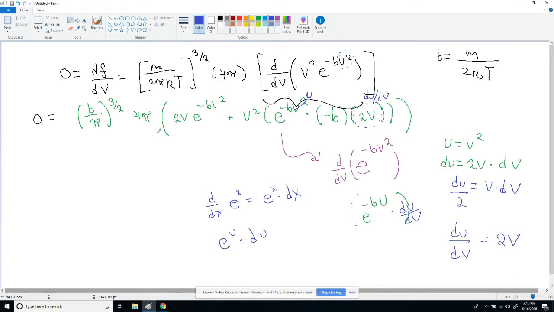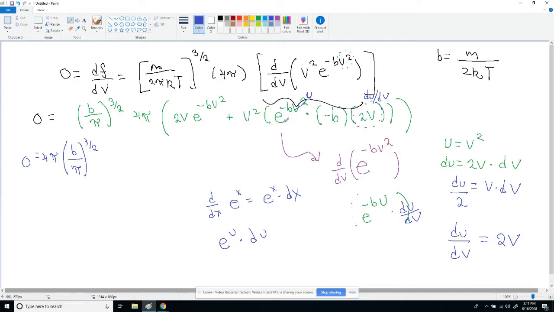We would have 0 is equal to 4 pi times b over pi to the 3 over 2.